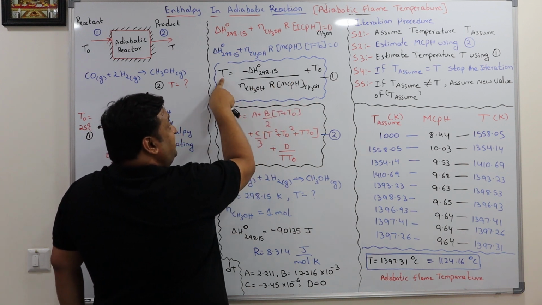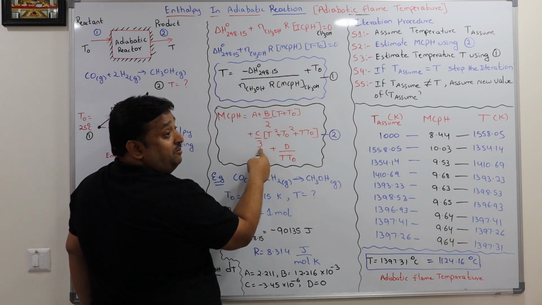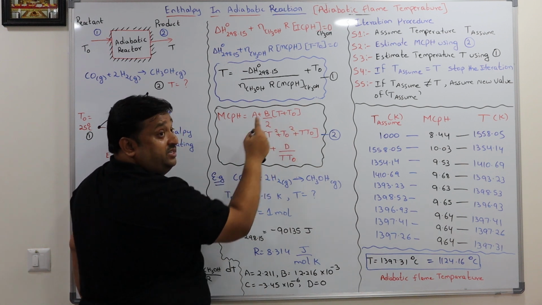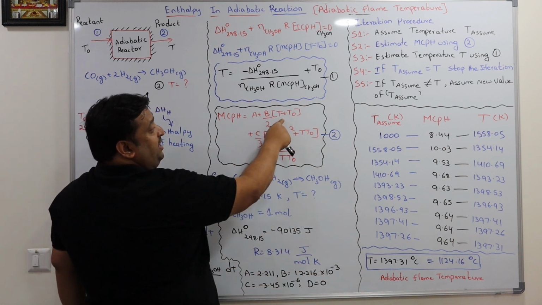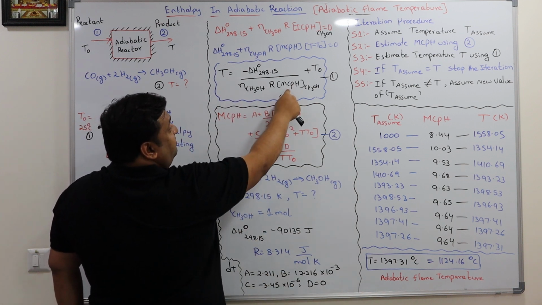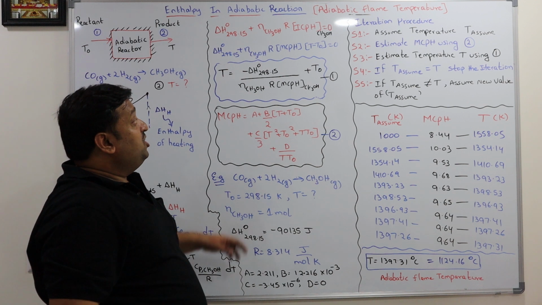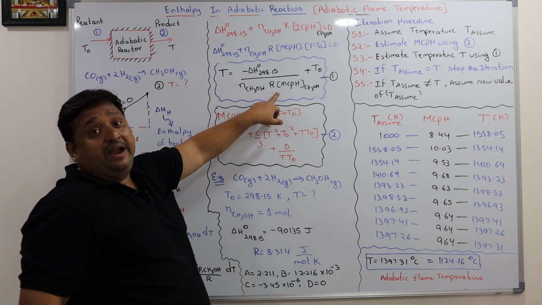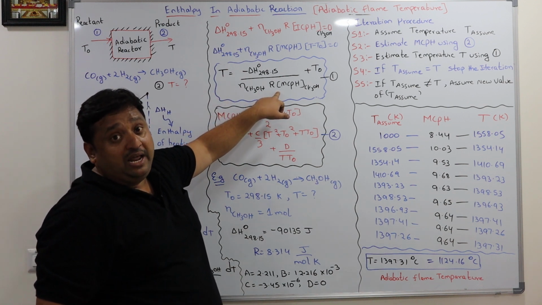But if you don't know T, how can you calculate MCPH here? You know T0, which is the room temperature. What is T? That is what you have to find out. So the T term will be there in MCPH.